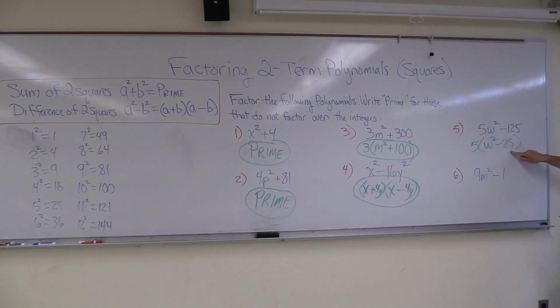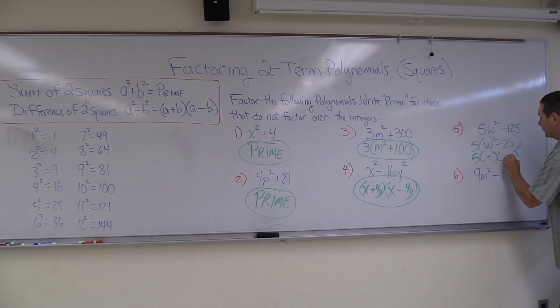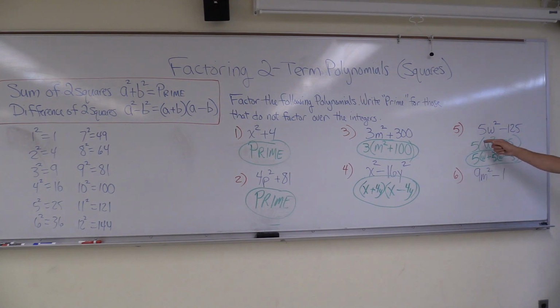It does factor further. So I'm going to take out the 5 and I'll be left with w in front. The 5 just tags along, it is a factor. W is being squared in front, so it goes in the front. Plus minus, 5 is being squared in the back, it goes in the back. Factor it completely. So always remember that GCF first.